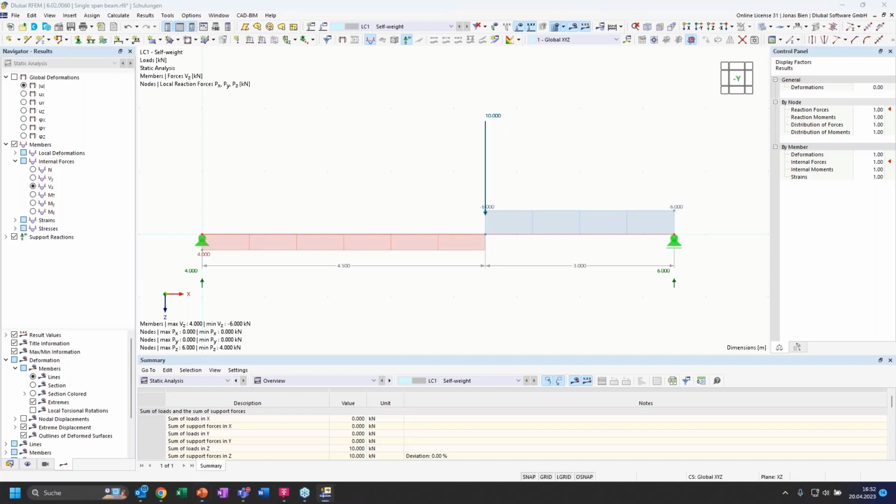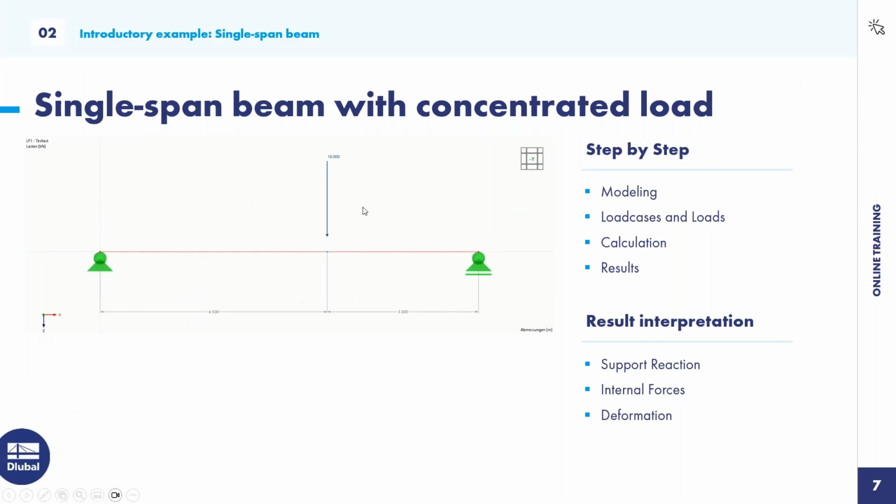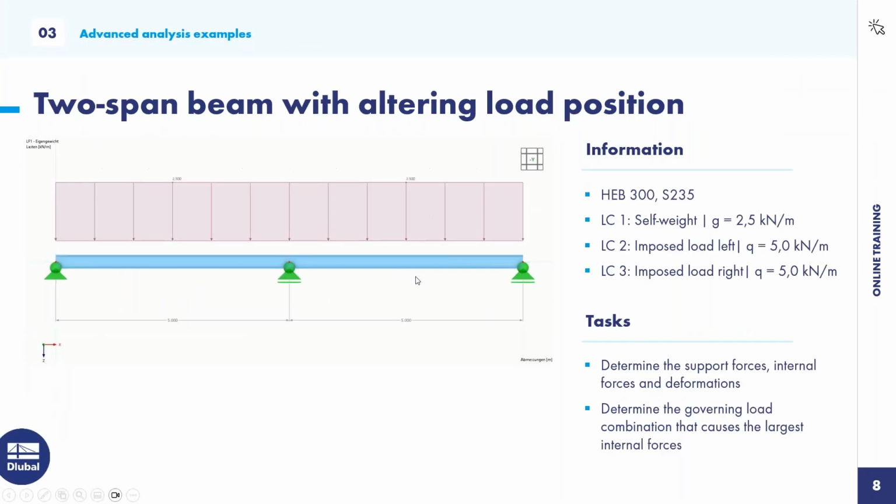So I would now go to the second example, which is, let's see, in my PowerPoint. That was the first task we have already solved. The second example would be a two-span beam with altering load positions.